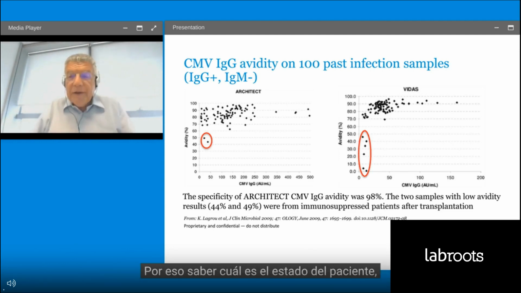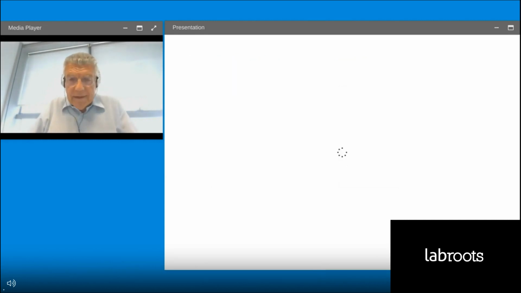And this is why knowing the status of the patient before performing testing is absolutely relevant. Again, no assay, no combination of assays will be absolutely diagnostic per se. We need to have the clinical criteria as well.